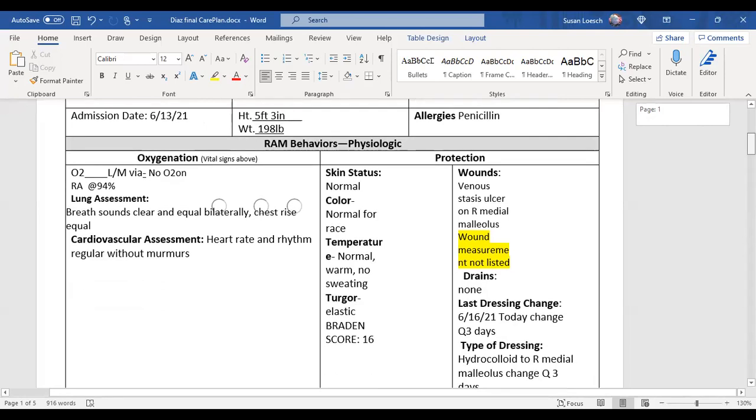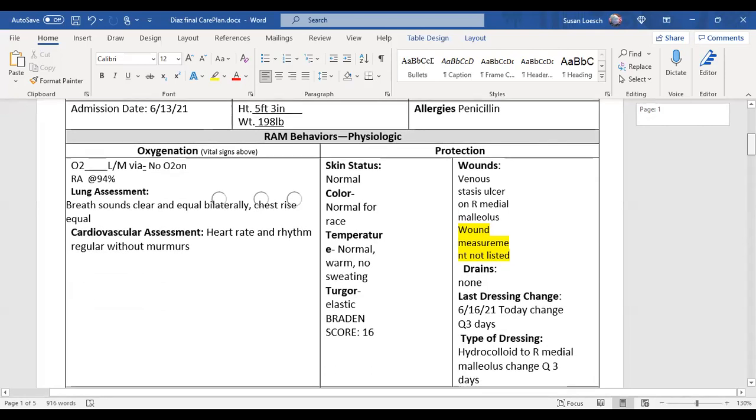All right, so behaviors physiologically. For her, she didn't have a lot of changes physiologically. Oxygen saturation: if she's not on oxygen, you don't have to put anything where it says O2-LM. That would mean liters, so you would put 2 liters or 4 liters if she was on oxygen, but she's not.